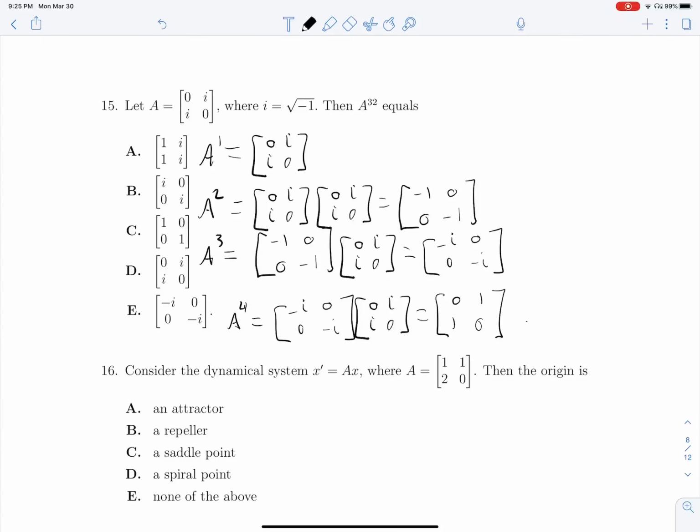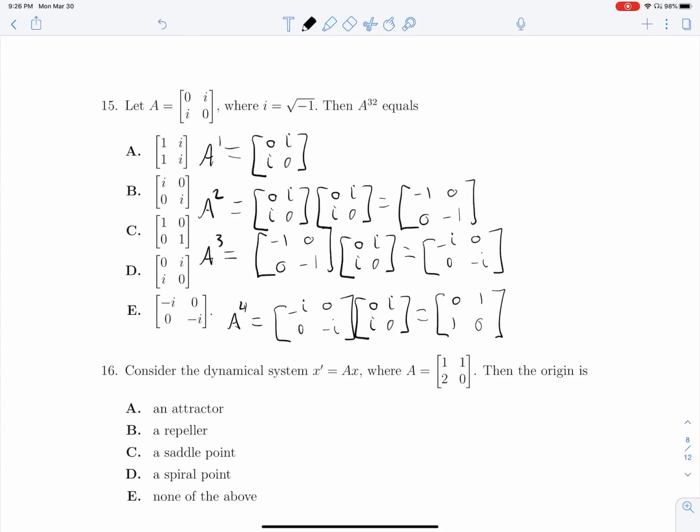So if we were looking for A to the 7th, that would land us back here at A to the 3rd. And if we were looking for, say, A to the 16th, or how about the 17th, we would end up on matrix 1, because 1, 2, 3, up to 17 lands us back on the first one, if you want to count it out to make sure.